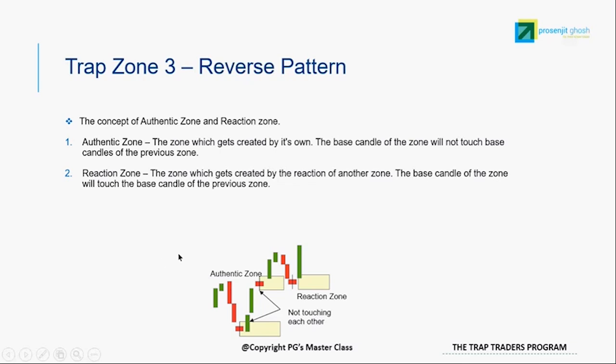Okay. So now next what happens? So this is a reactionary zone. Price comes down, touches the reactionary zone, creates a base candle and then moves up. By this, price creates a rally base rally. Tell me, is this rally base rally a reactionary zone or an authentic zone?